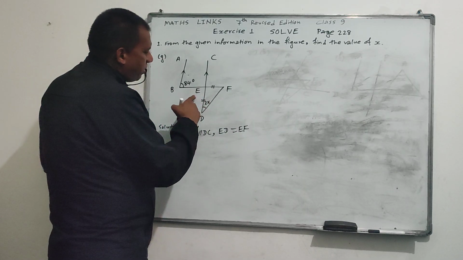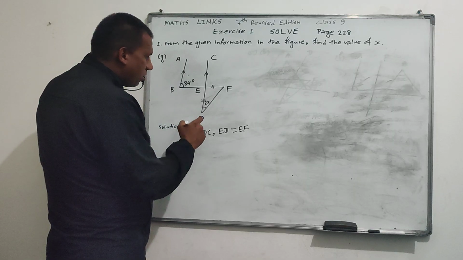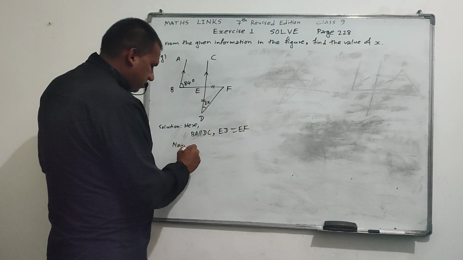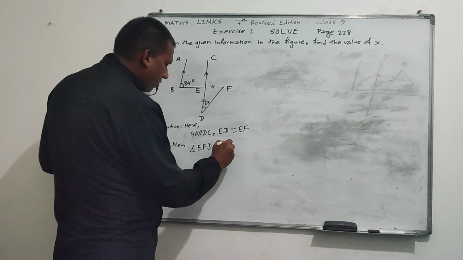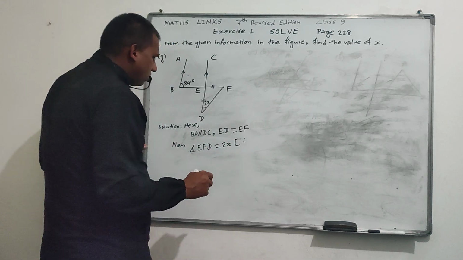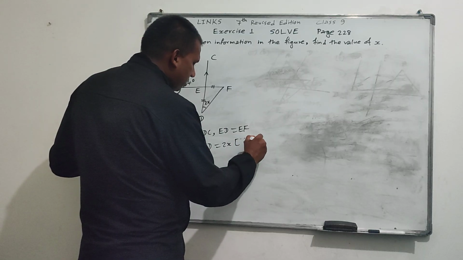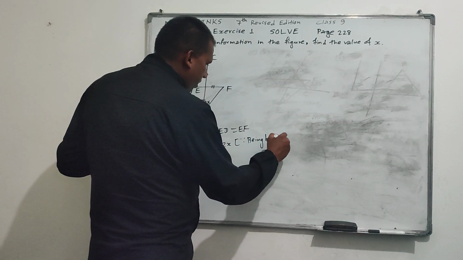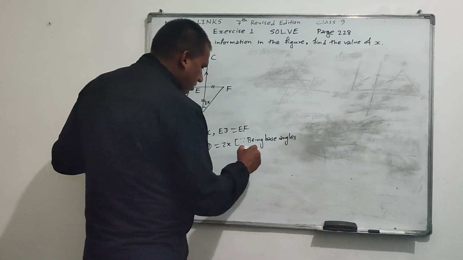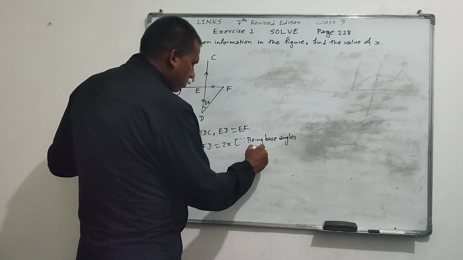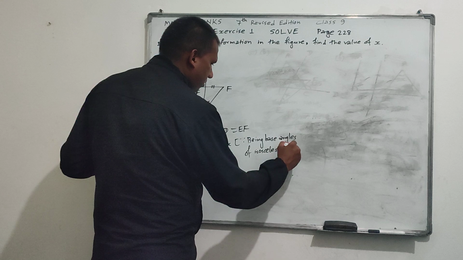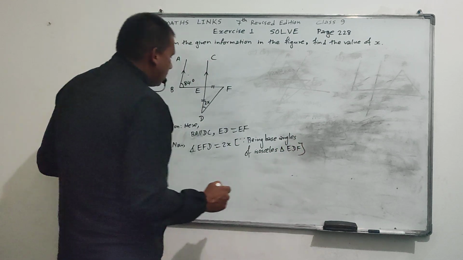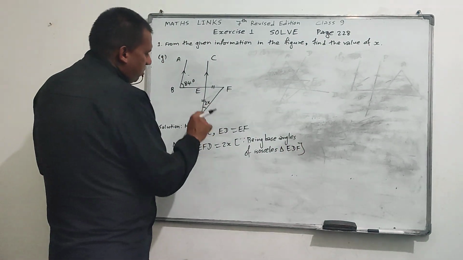So in triangle EDF, angle EFD equals 2x. Reason being base angles of isosceles triangle EDF, because ED equals EF.